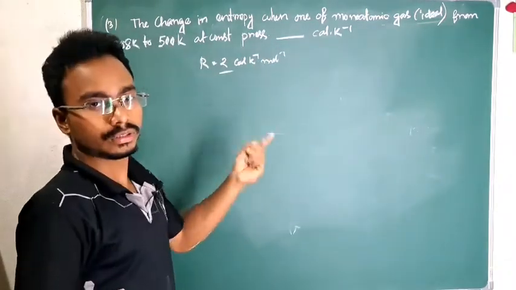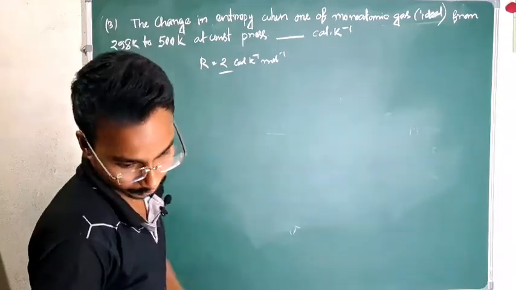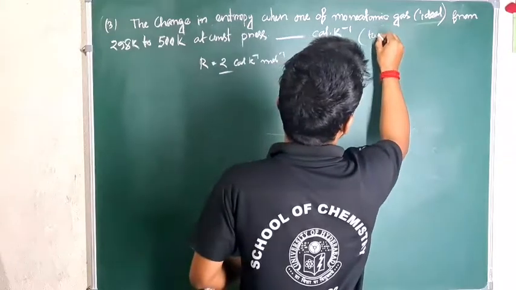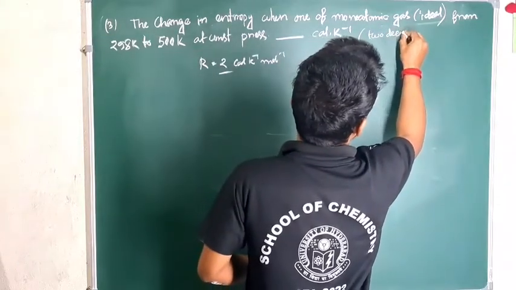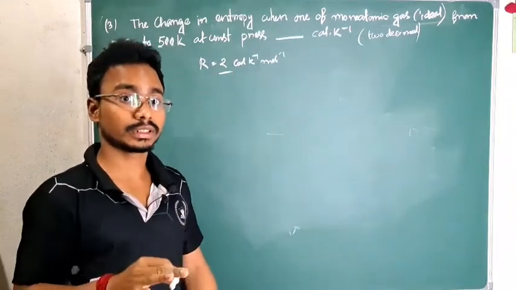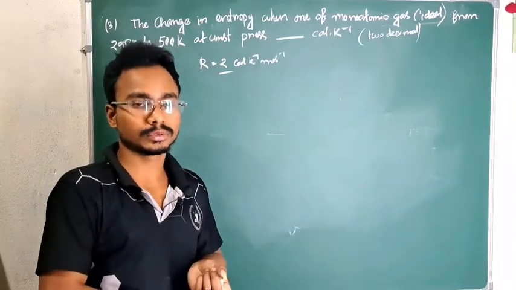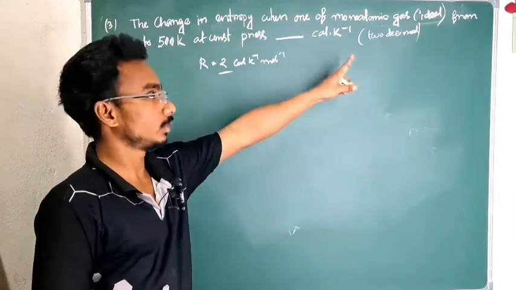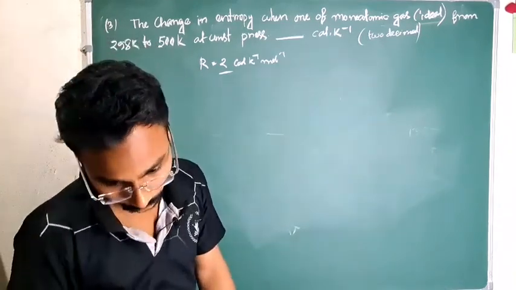It is very easy to calculate, round up things. They are asking up to 2 decimal places. Please read the NAT questions properly, whether they are asking for 1 decimal after the point or 2 decimals. Here they are asking for 2 decimals, so we will take 2 decimals.